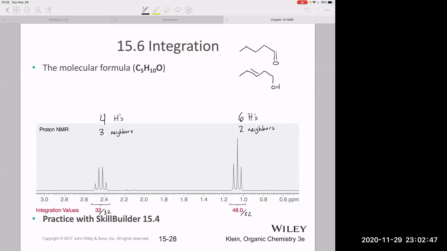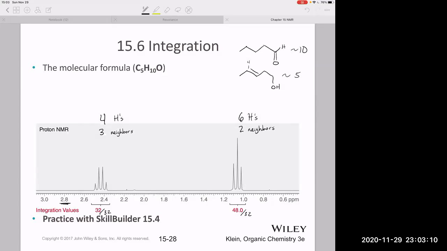Because my highest ppm value is 2.5 or something like that. An aldehyde hydrogen would be around 10. And an alkene hydrogen would be north of 4, we said, let's say around 5, none of which I'm going to have here, right?